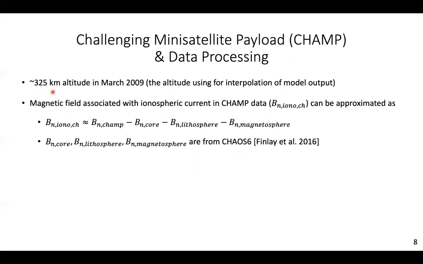The ionospheric magnetic field can be approximated by this equation: the CHAMP data subtracted by the magnetic fields resulting from the core, lithosphere, and magnetosphere. The three magnetic fields are from the empirical CHAOS model.